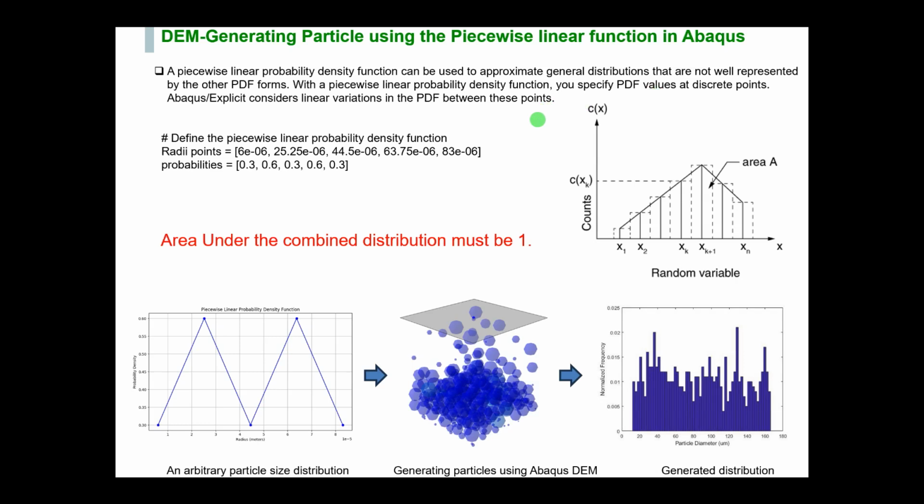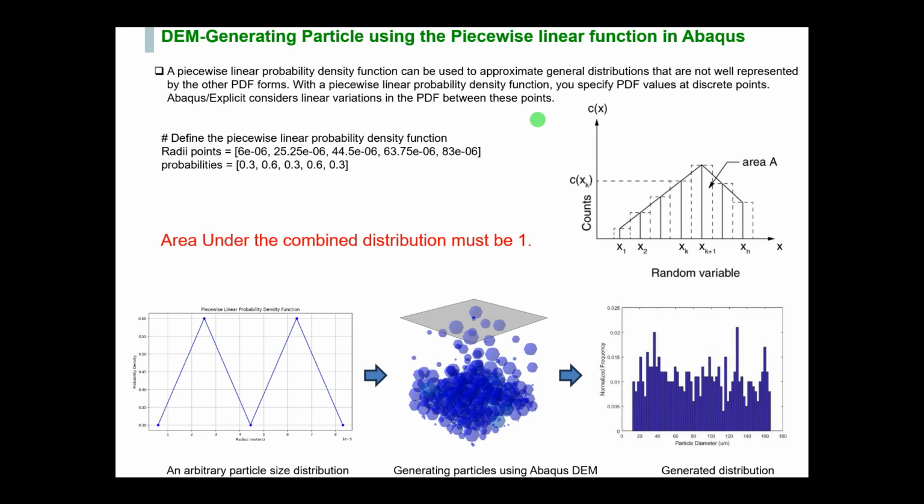If you remember, in our previous video where we used the normal distribution, we had two different inlets for generating the particles, but in the end we used minimum and maximum radius, and mean and standard deviation for the normal distribution for generating particles.